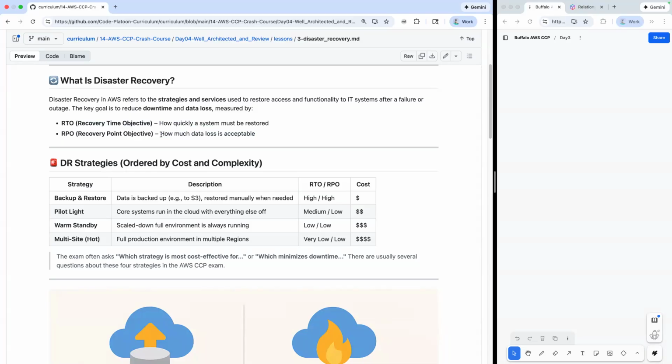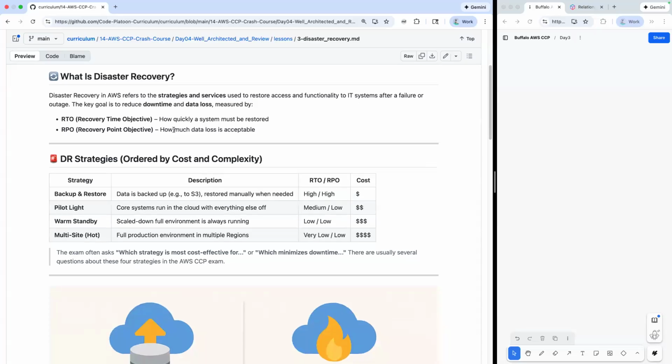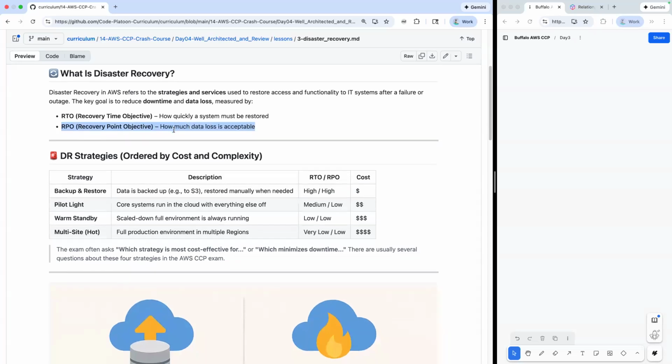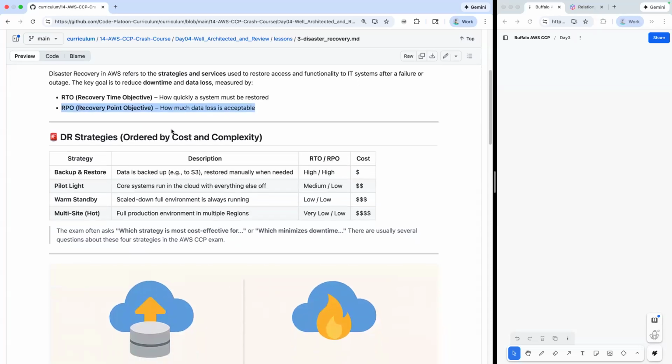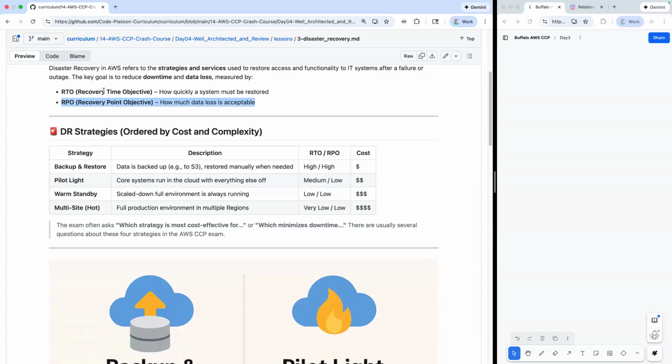If we recover and we lose the last 2 days of tweets as a business, that is more challenging, right? If I'm a bank, I really can't afford much data loss at all. So there's a lot of variance here. Recovery time objective, how quickly a system can be restored. Recovery point objective, how much data loss is acceptable.